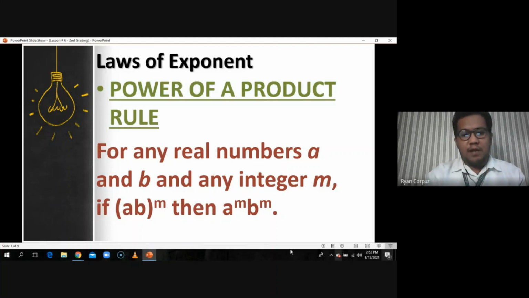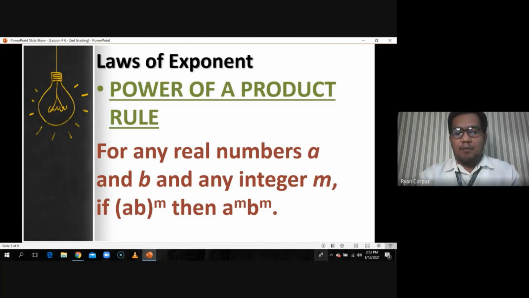So, we do have there a and b as the factors. Then it was raised to an exponent m outside. So that exponent m is to be distributed to each of the factors inside. So that's why it will become a raised to m, b raised to m. So that's what we mean by power of a product rule.